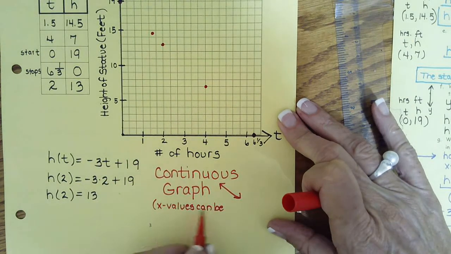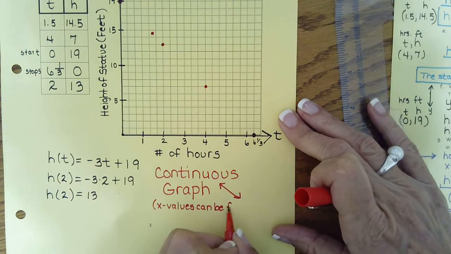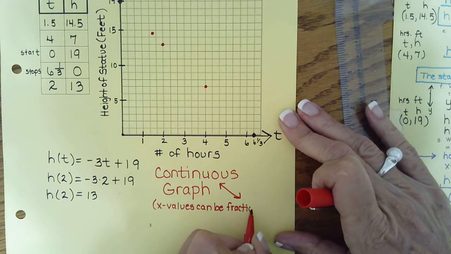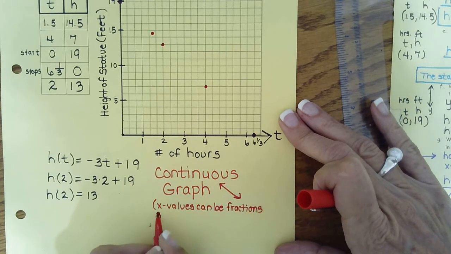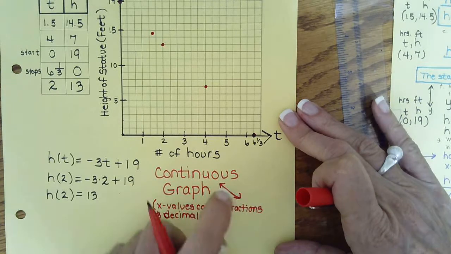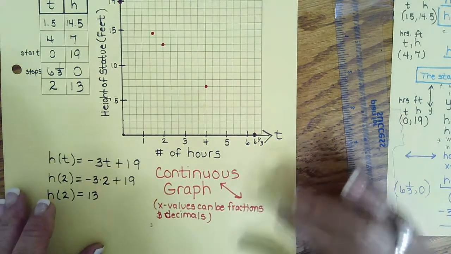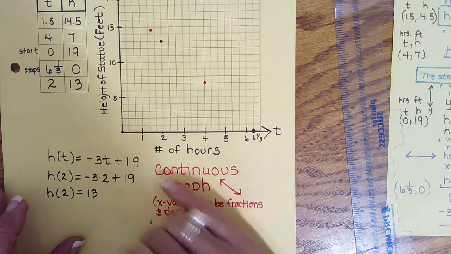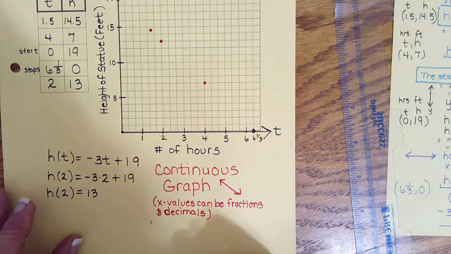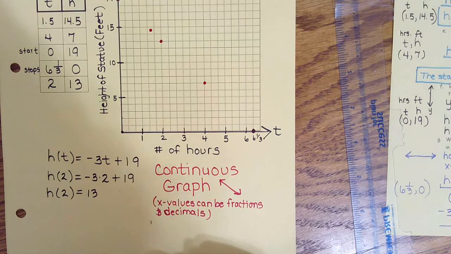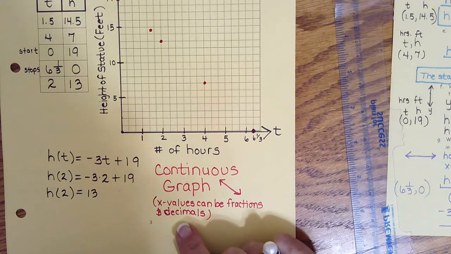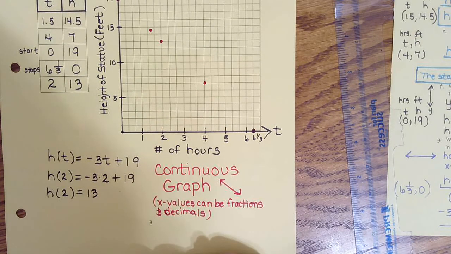So anytime they can be fractions and decimals, that means you connect the points. If they can't be fractions and decimals like number of soda cans, then you don't connect them. You just stop and that's your graph. So this one, it makes sense to have decimal hours, 1.3 hours, 2.9 hours, 4.1 hours. So that's why we're connecting it.